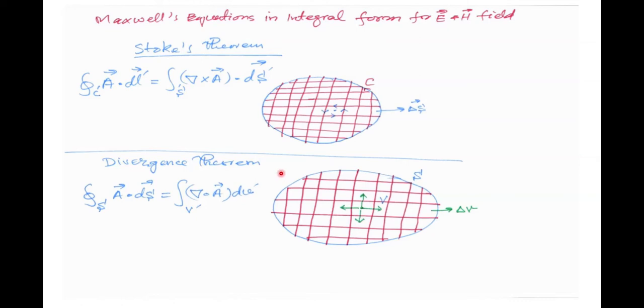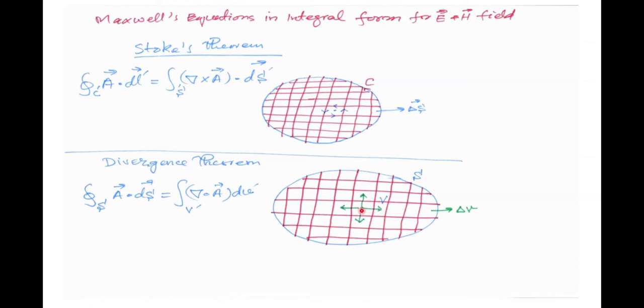Divergence theorem: whenever we deal with electromagnetic phenomenon in any volume, when we do volume analysis, in that case we use divergence theorem. In divergence theorem we assume that a volume is surrounded by a closed surface, then divide the volume into incremental volumes, and let us assume that each volume contains some charge distribution.